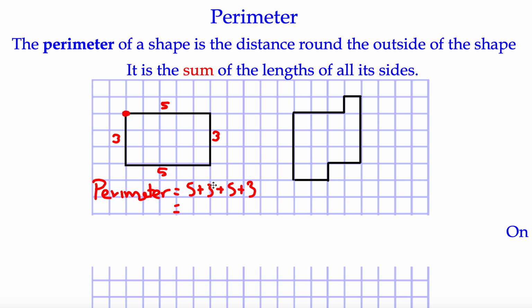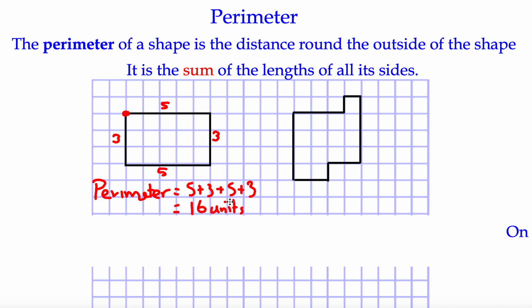We know that 2 5s make 10 and 2 3s make 6. So altogether, we can say that the perimeter is 16. Now at the moment, I've not put any units in. It's not centimeters and stuff. So we could put boxes, or I'm just going to put in units like that.